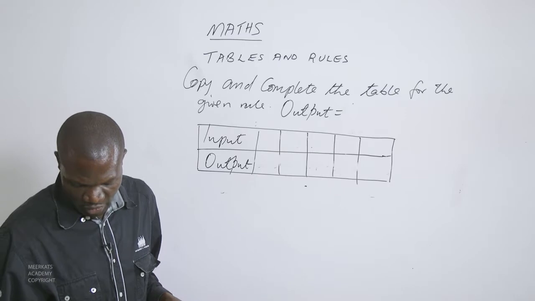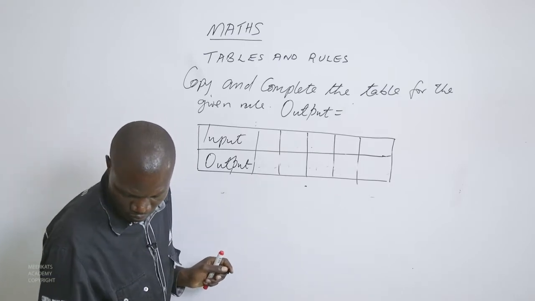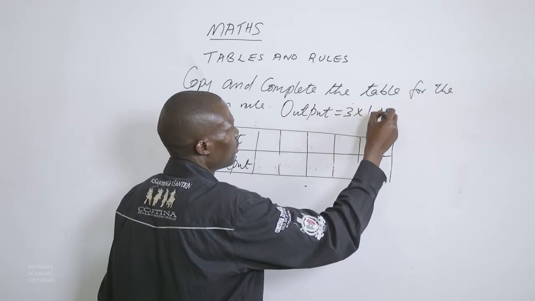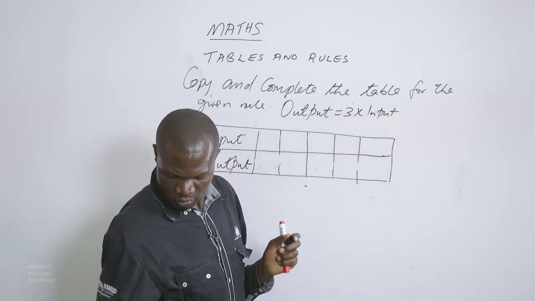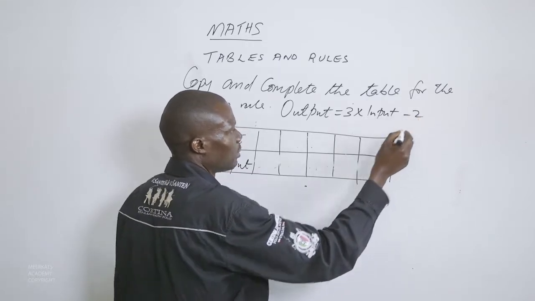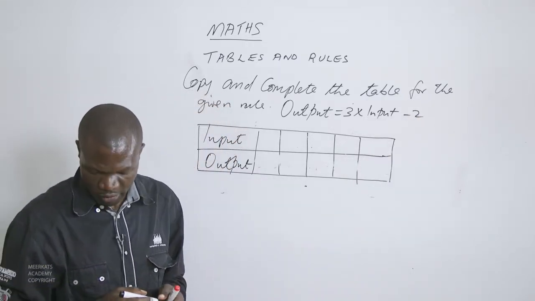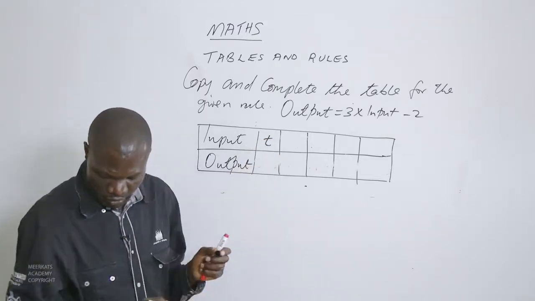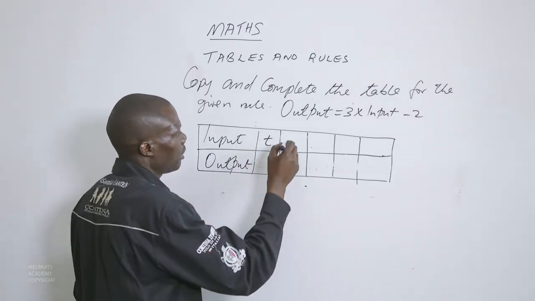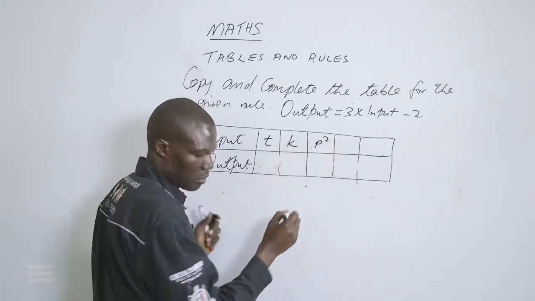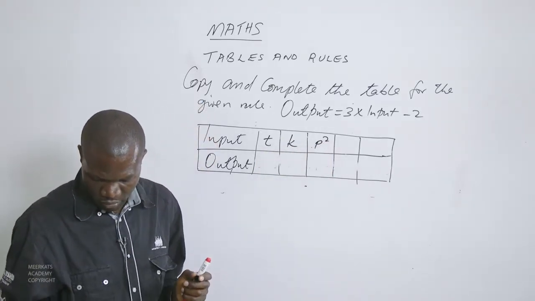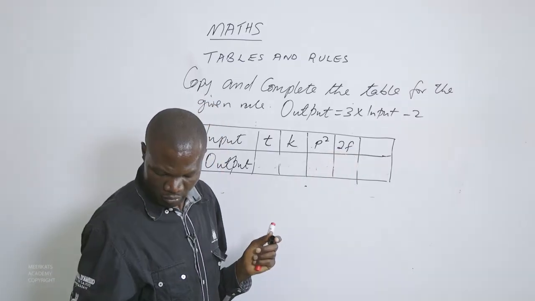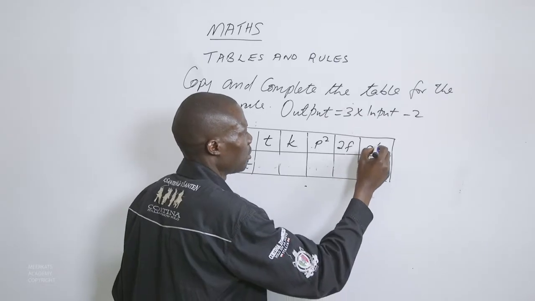So the rule here says 3 times input minus 2. Quite tricky. The values are t, k, p squared, 2f, and 2ab.